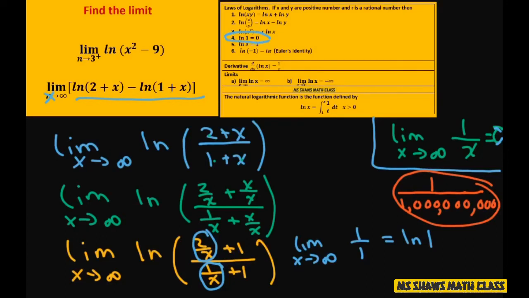So this equals 0. And that's because if you do the inverse, a to the 0 equals 1. So if you're doing the inverse, that means ln of 1 equals 0, sorry.